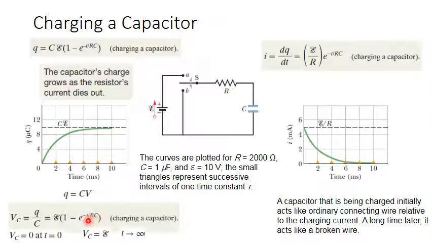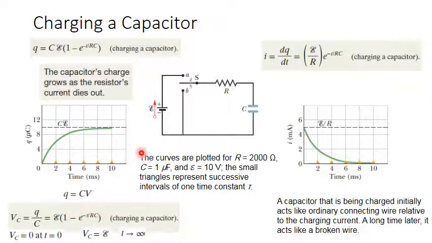It means that the potential at the capacitor at the starting time would be 0, because once again at t equals 0, e to the power 0 is 1, 1 minus 1 is 0. Okay? At very long time, e to the power minus very large value is nearly 0.